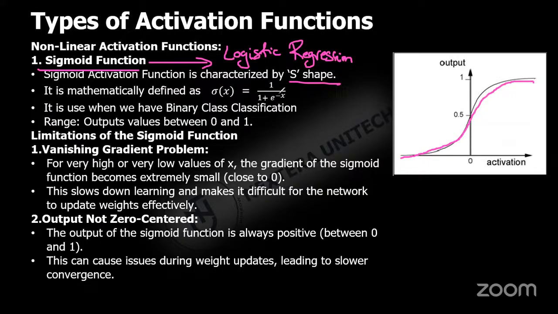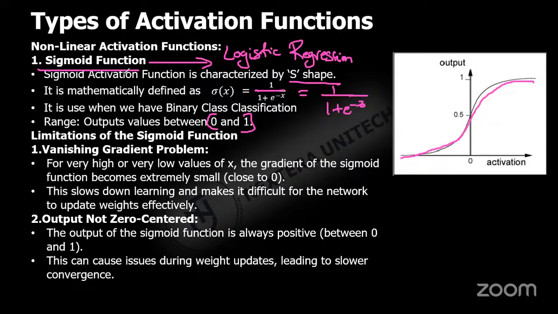The sigmoid function uses the formula 1 by 1 plus e power minus x. So in this case, it will be 1 by 1 plus e power minus z, because z is nothing but the output that we get from the summation function. That value will be passed here and you'll get an output from 0 to 1. The output will be between 0 and 1 only, guys.